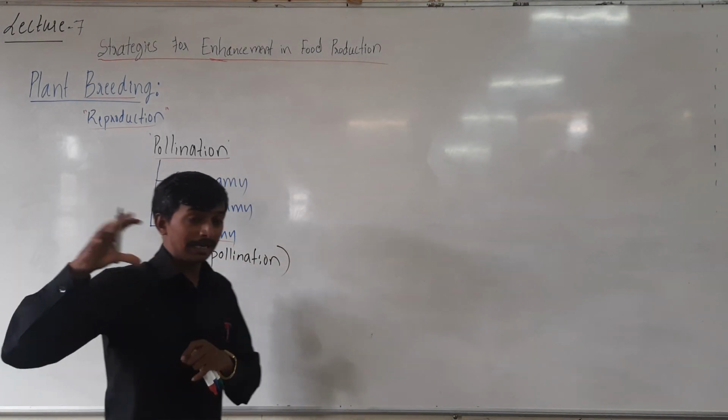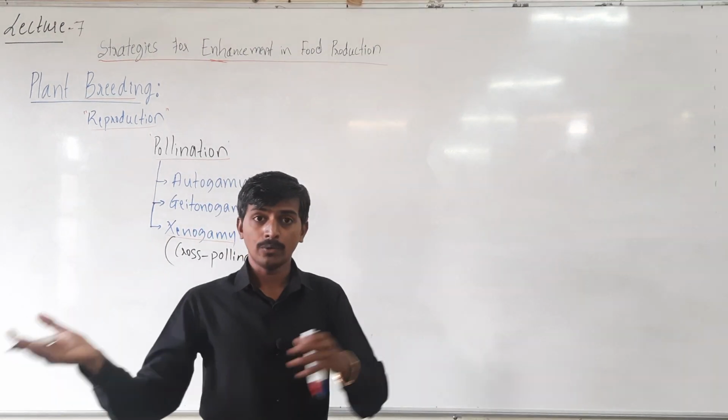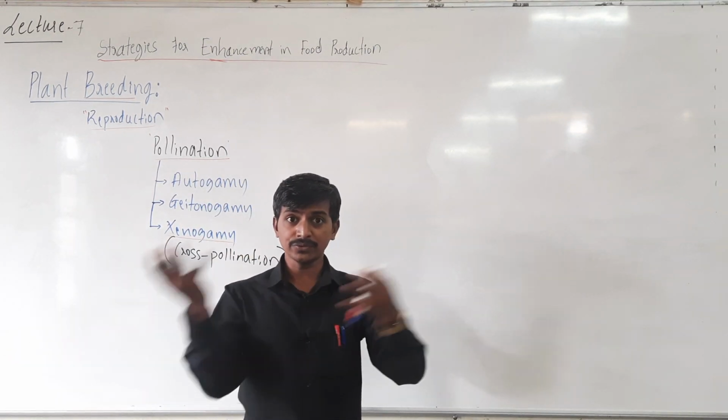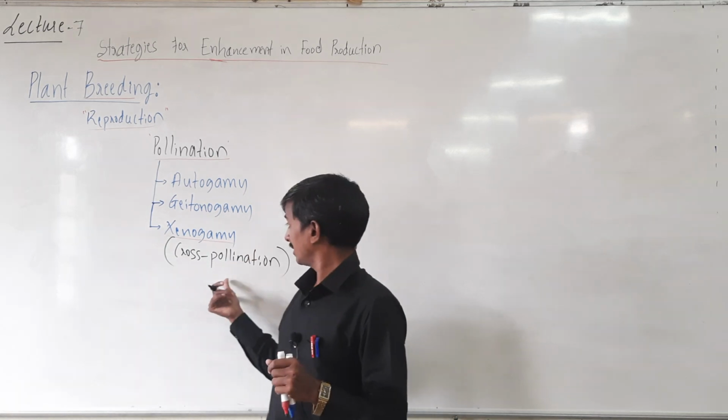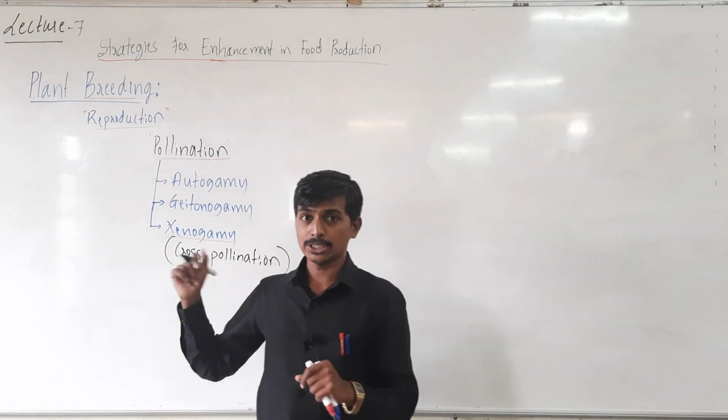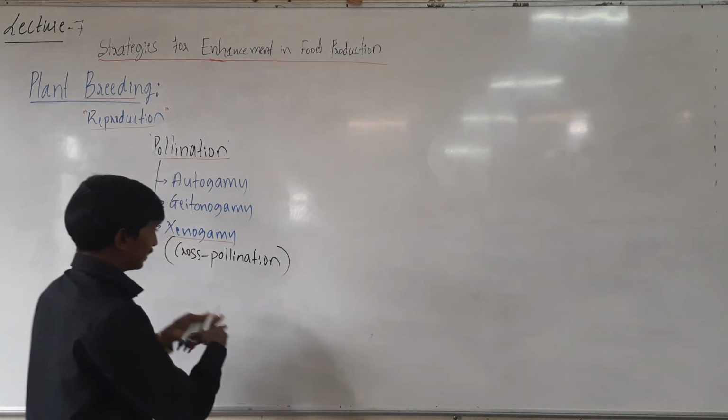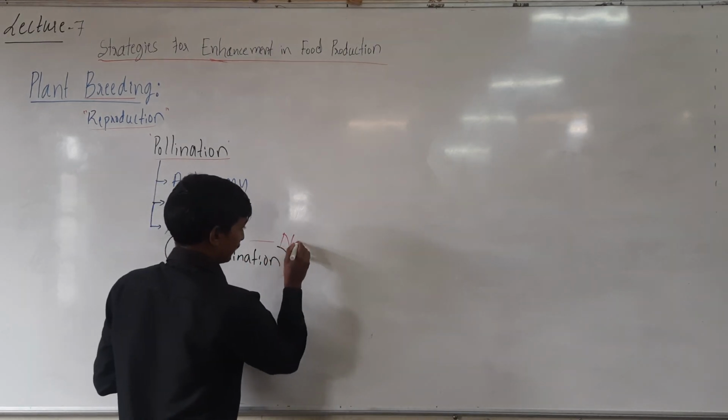Means one plant having anther, one plant having stigma, the transfer is called cross pollination or xenogamy. Okay, here this process occurs naturally.